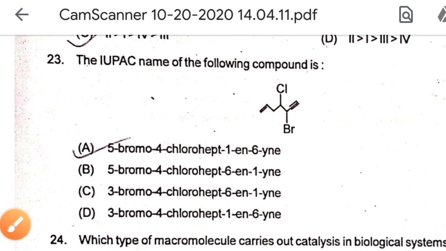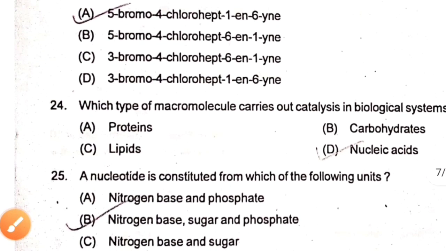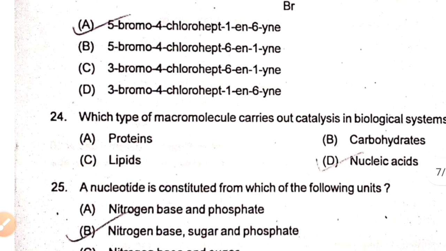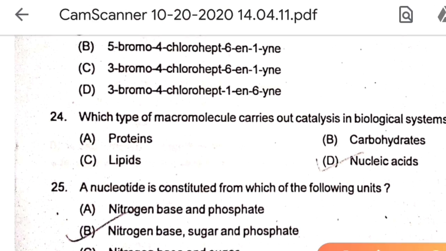Okay. So next, which type of macromolecules carries out catalysis in biological systems? Okay, so actually in biological systems, proteins are one of the important parts. So here protein carries out the catalysis process in biological system. So for question number 24, the correct answer is A, that is proteins.